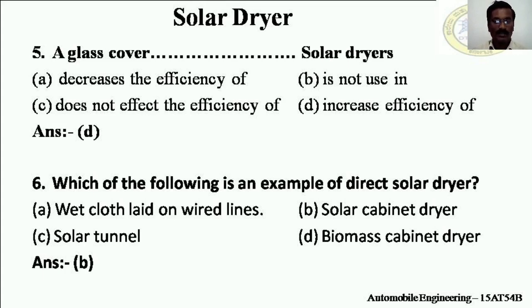C, solar tunnels. D, biomass cabinet dryers. So here, as I have told already, the direct solar system or direct solar dryer is also called the cabinet solar dryer. So B is the correct answer.